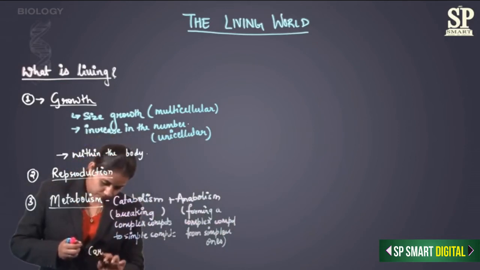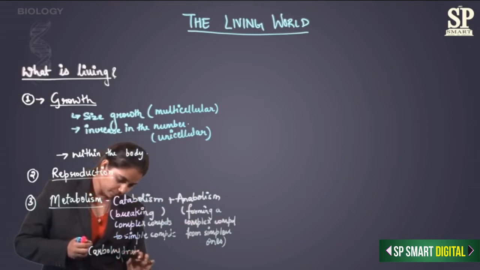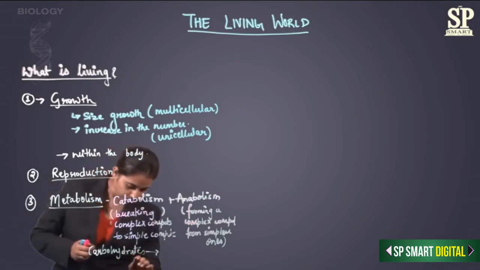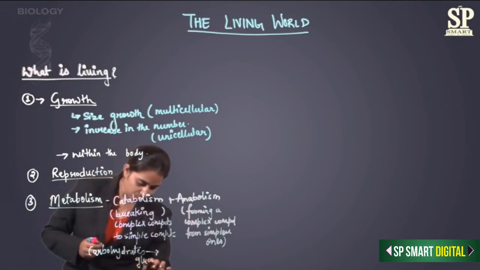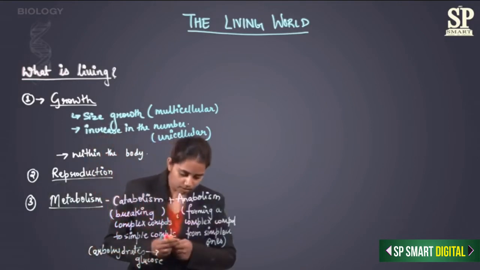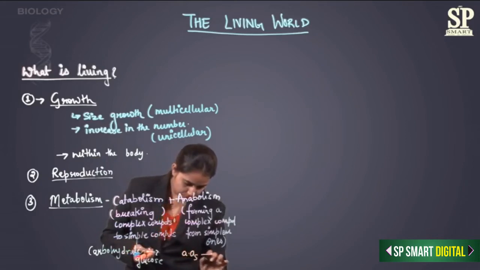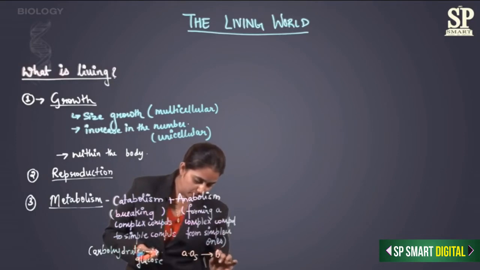My catabolism, breaking carbohydrates into glucose, right? And my anabolism, joining many amino acids to form protein.